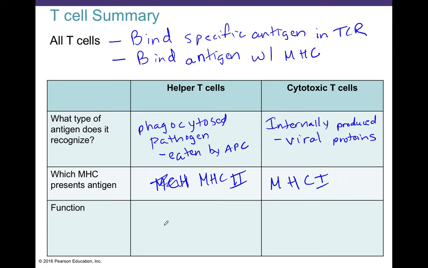And when this helper T cell recognizes that antigen presented by the MHC2, it's going to lead to activation of the T cell, and the main things that are really going to help fight the infection are going to be further activation of B cells. They're going to activate macrophages.